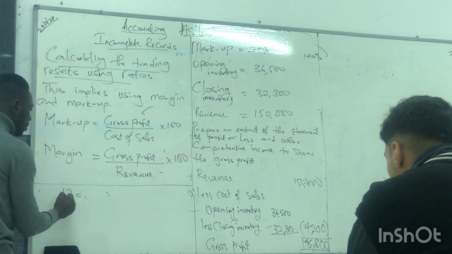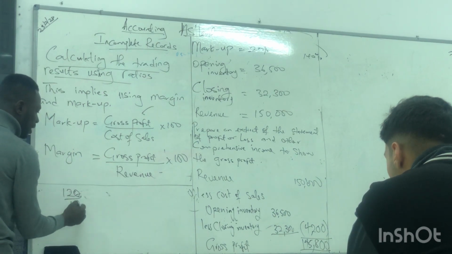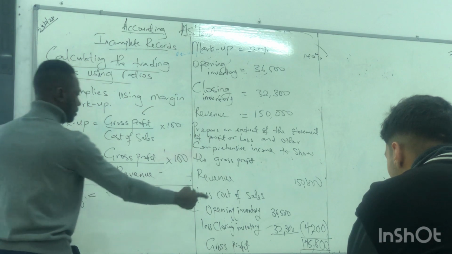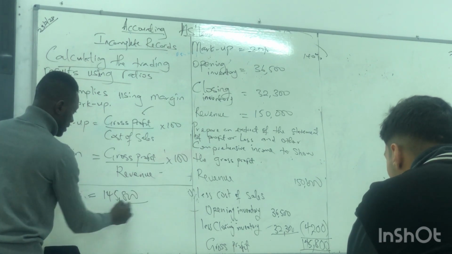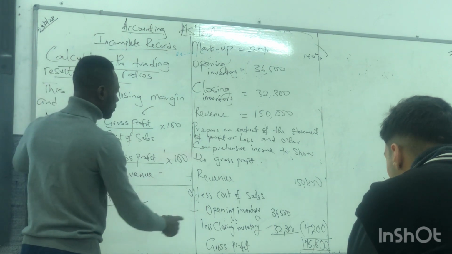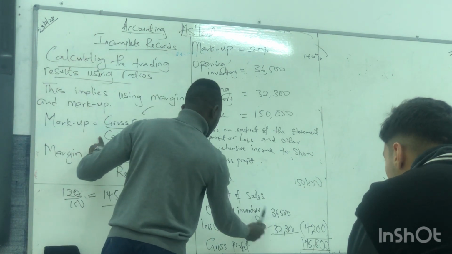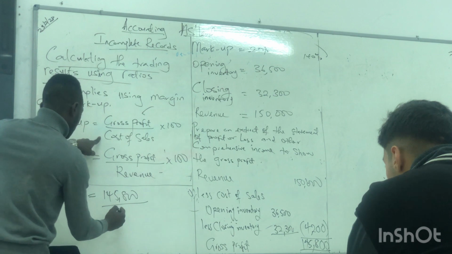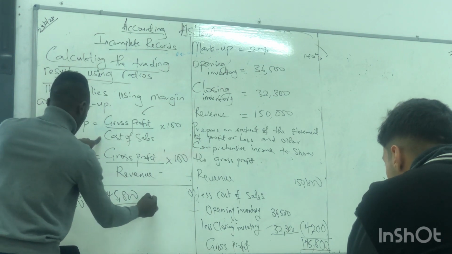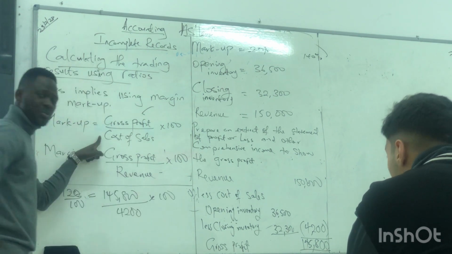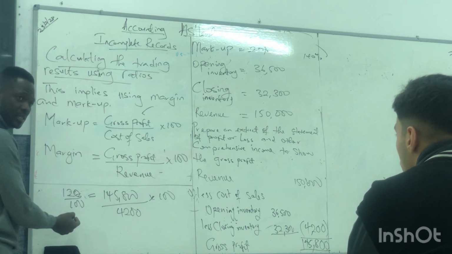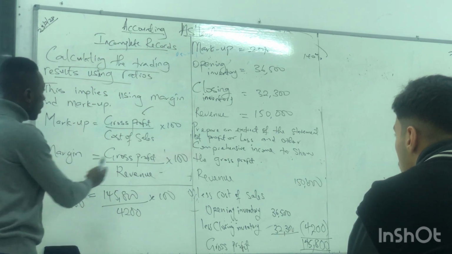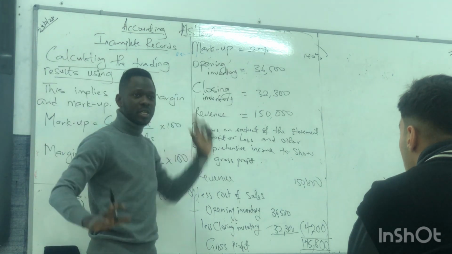So here we could have 120 over 100 equals gross profit 145,800 divided by our cost of sales, 4,200, multiplied by 100. Our markup is 20% here, so it is 120%.